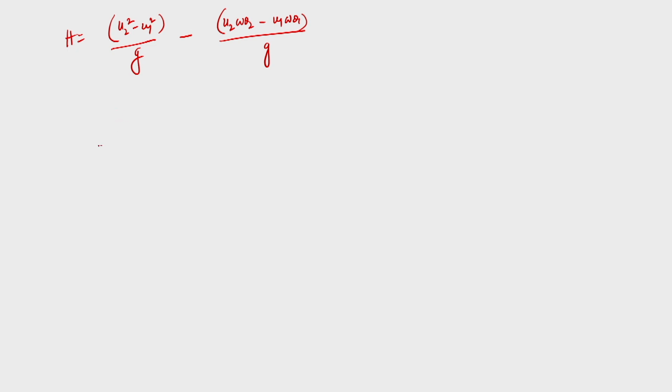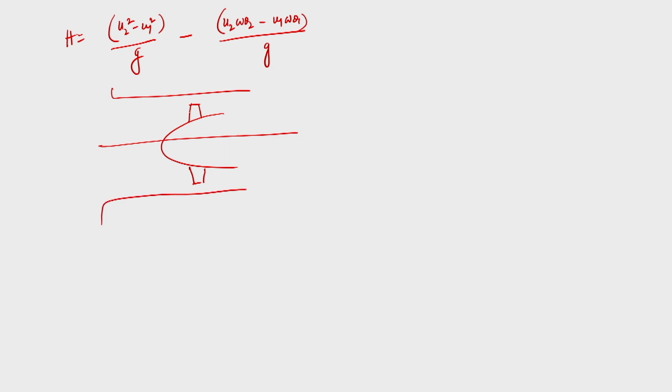suppose it is a purely axial flow machine, so if I draw a purely axial flow machine, this is point 2, this is point 1.